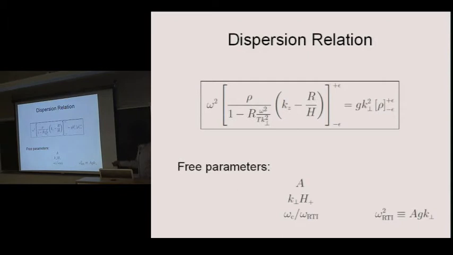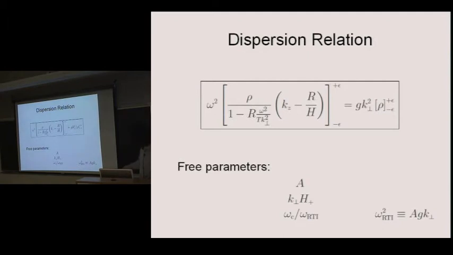So in this dispersion relation, once you normalize out everything you can, there are three parameters. One is the Atwood number, so that tells you how big your density contrast is. Another is KH, which sets how compressible your mode is, and then the last is how strong conduction is, which I parameterize as omega c over omega RTI.